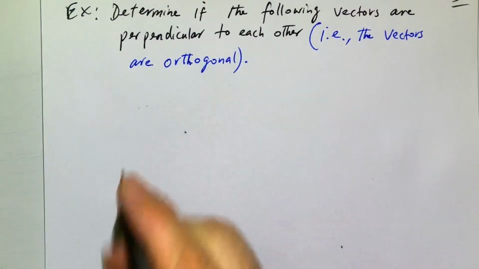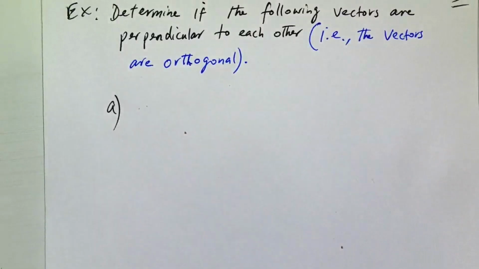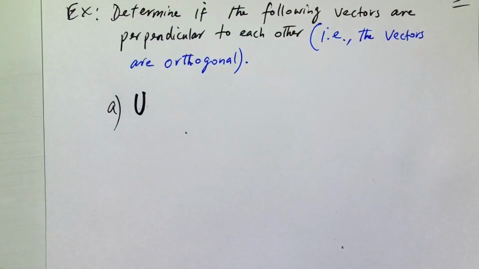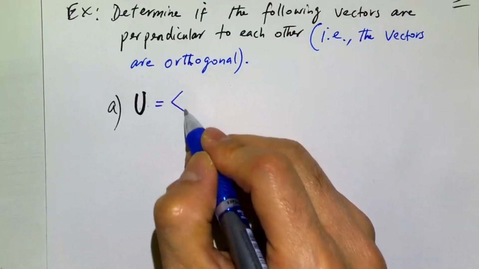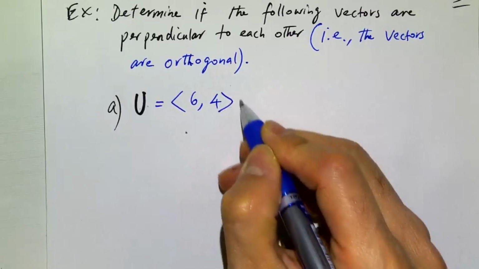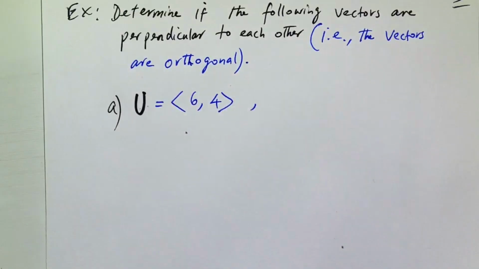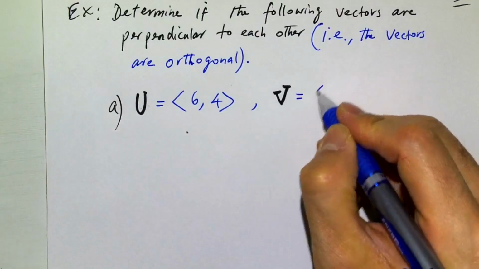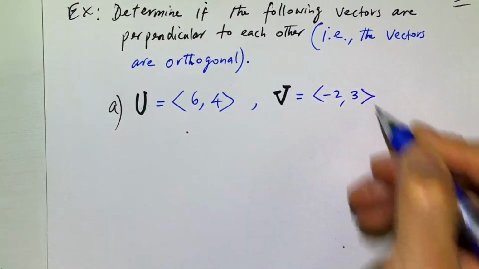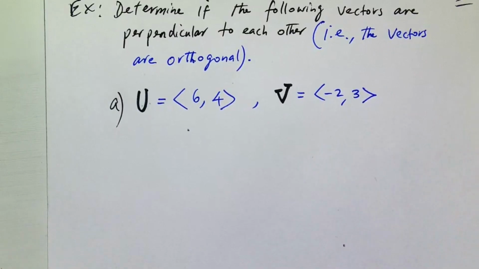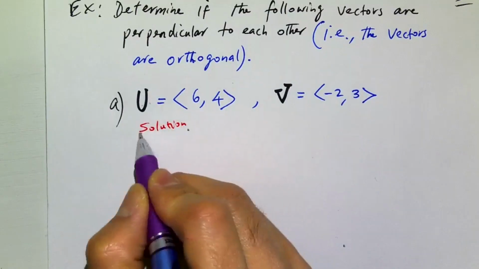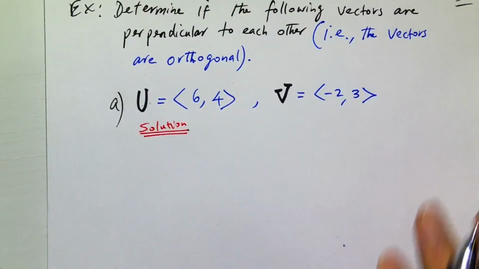Okay. So part A, given the vector u that is equal to 6, 4 with these components, and vector v that is equal to -2, 3, then here's the solution for that question.